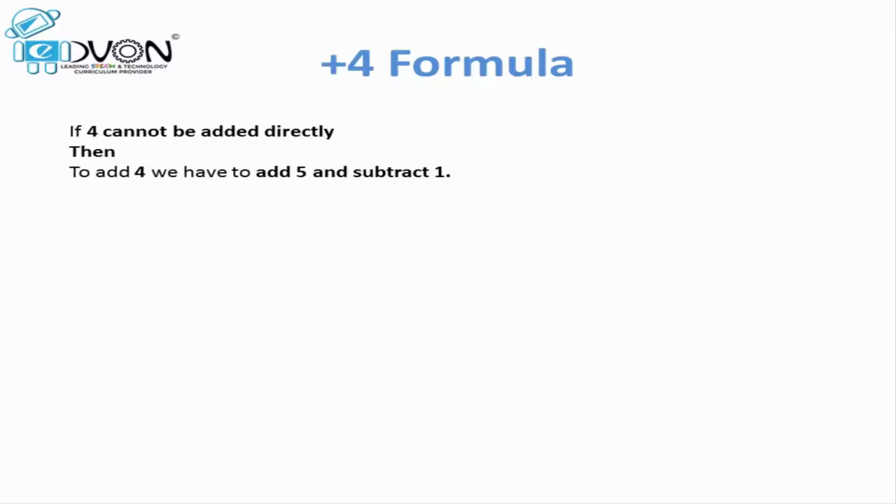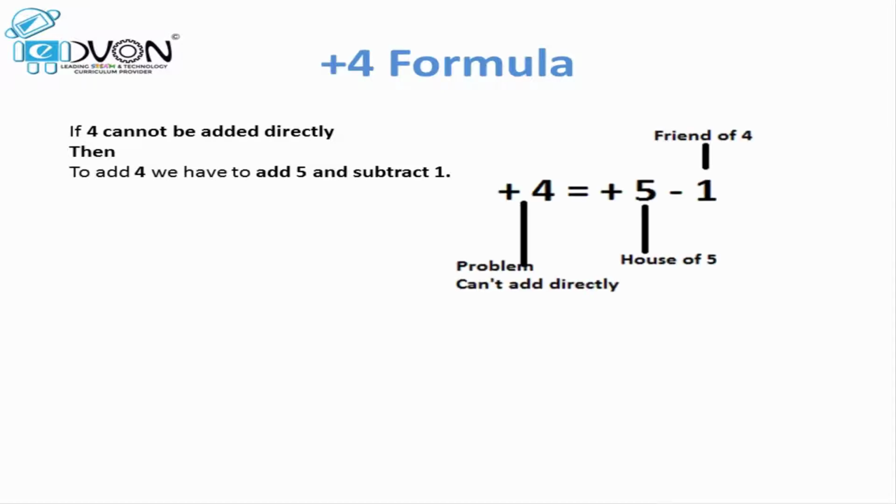Remember one thing, sign of friends are always opposite. If we are adding, then we will subtract friend, and if we are subtracting, we will add friend. To add 4 indirectly, we will apply the formula. +4 is equal to +5 minus 1.